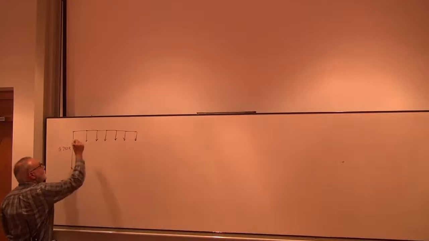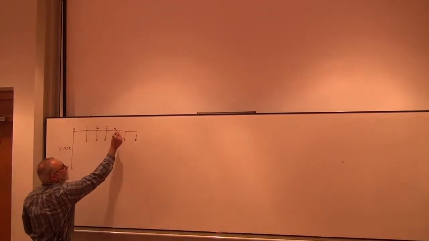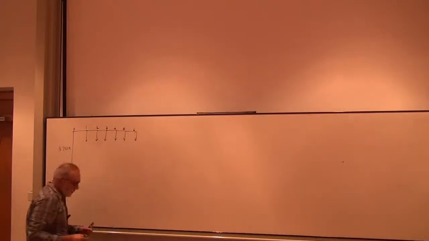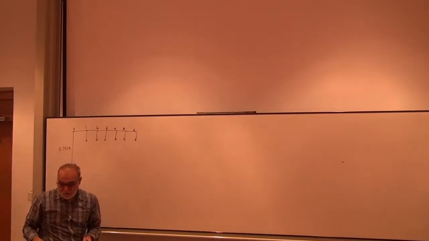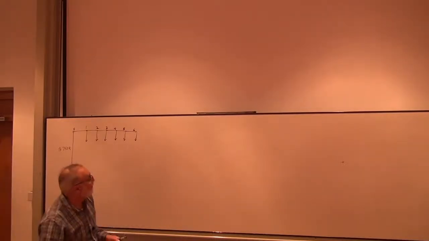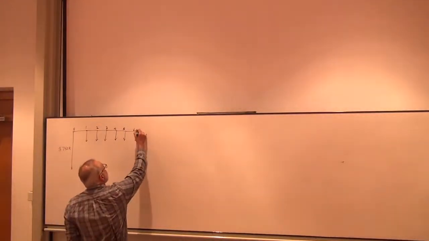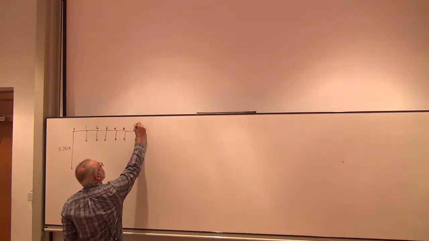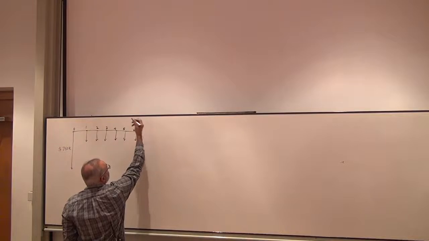This is 6 years. So we have 0, 1, 2, 3, 4, 5, and 6. At the end of 6 years, we have the salvage value. The salvage value is kind of a resale value, or it can be donated somewhere for a little price.